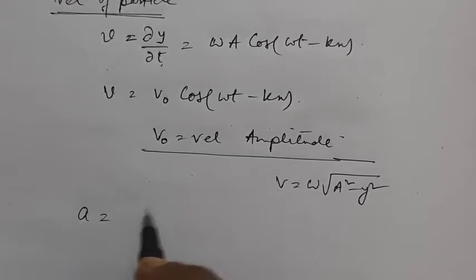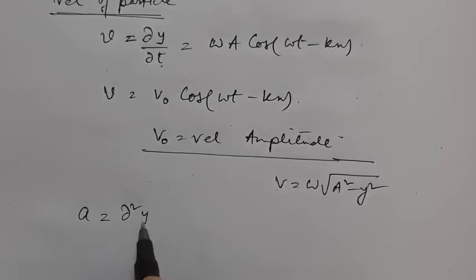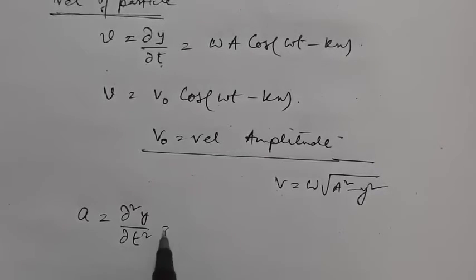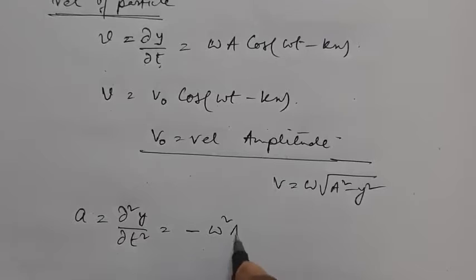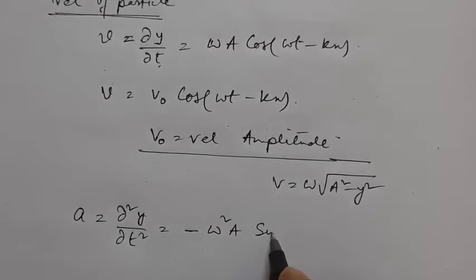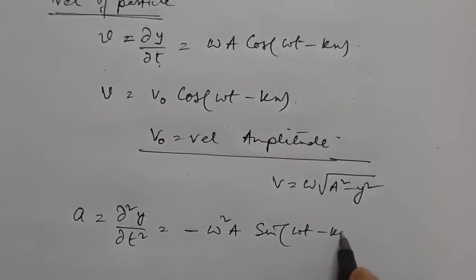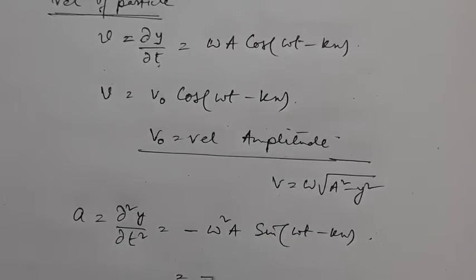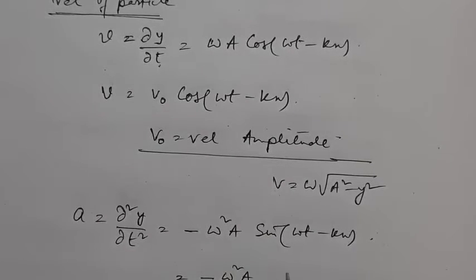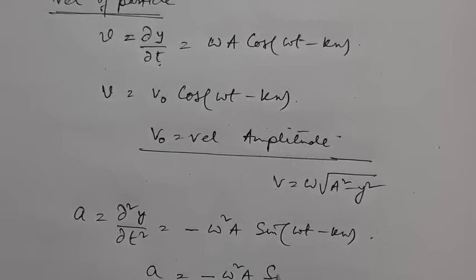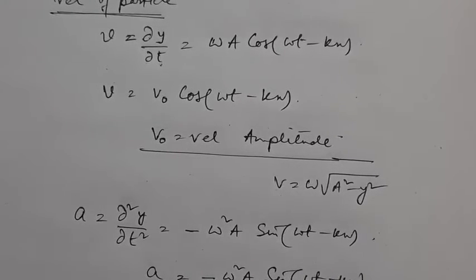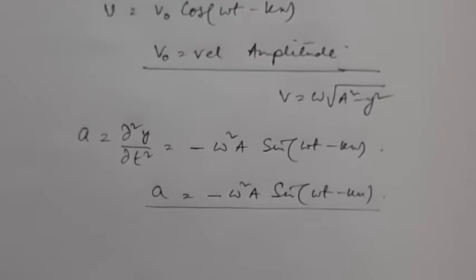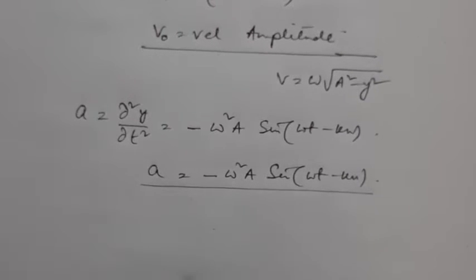Again we find the acceleration by doing the second order derivative of this function. So it becomes minus omega square a sine of omega t minus kx. So this is the equation for the acceleration.